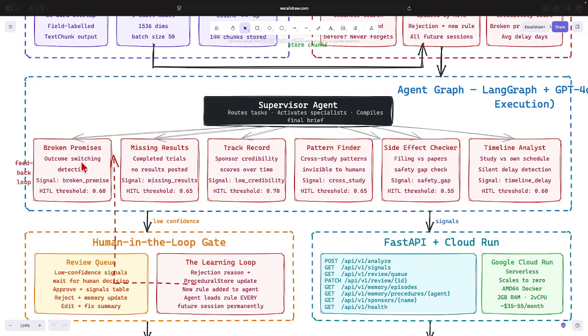This is a practice in pharmaceutical research called outcome switching, which is a documented research integrity problem. What is outcome switching?